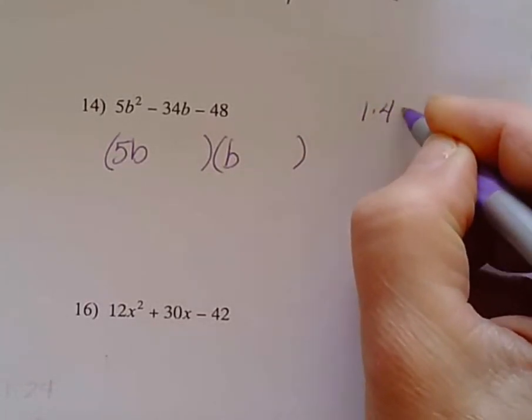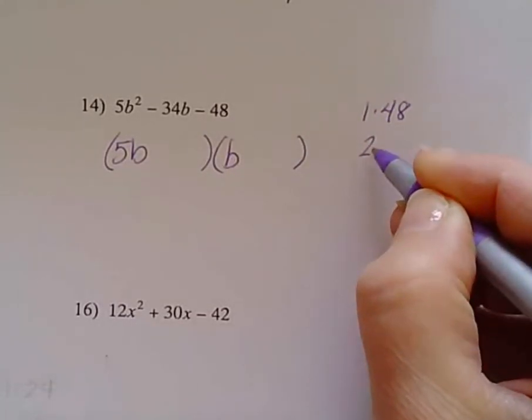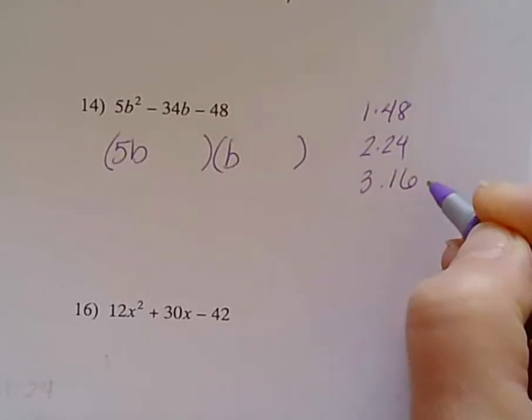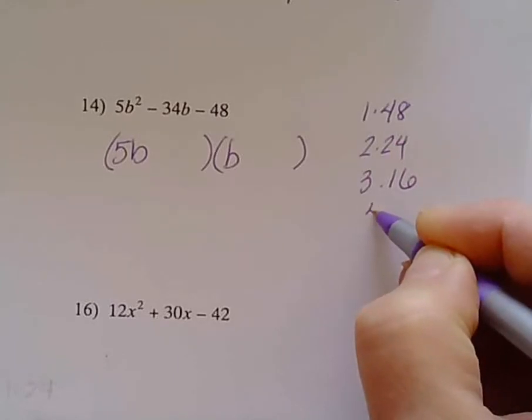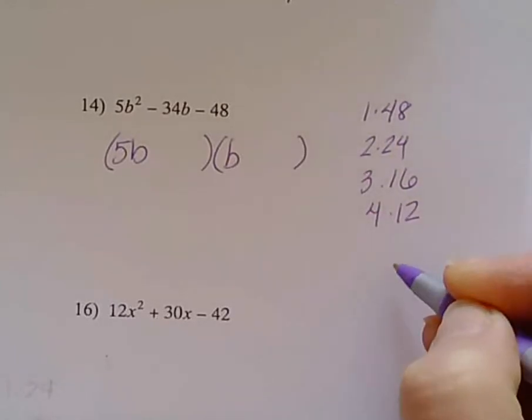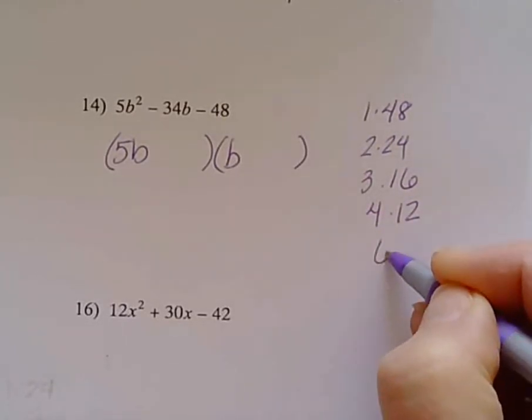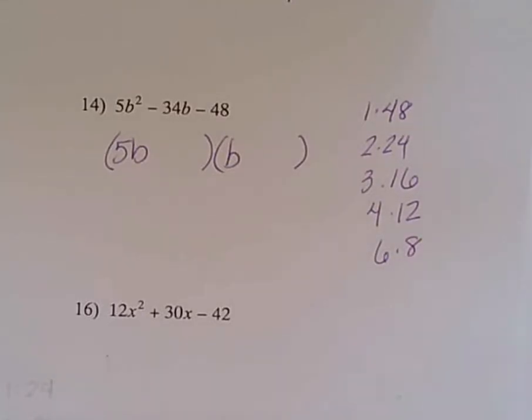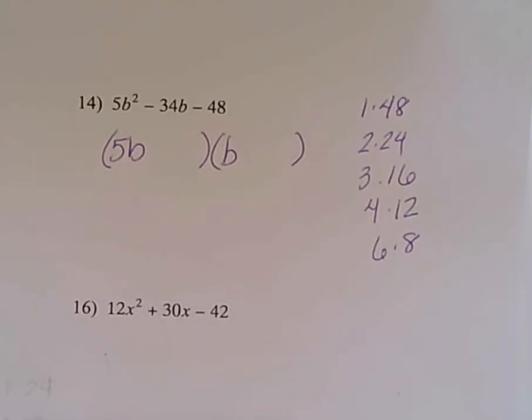1 and 48, 2 and 24, 3 and 16, 4 and 12, 5 doesn't go in, 6 times 8, 7 doesn't go in, and now we're back to 8, and we've already used it. So now we're going to be on this side. Okay, we have all of our pairs of numbers.